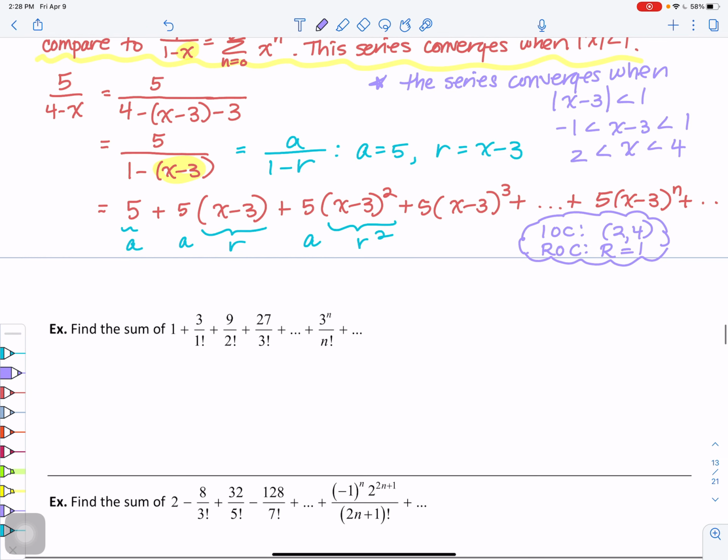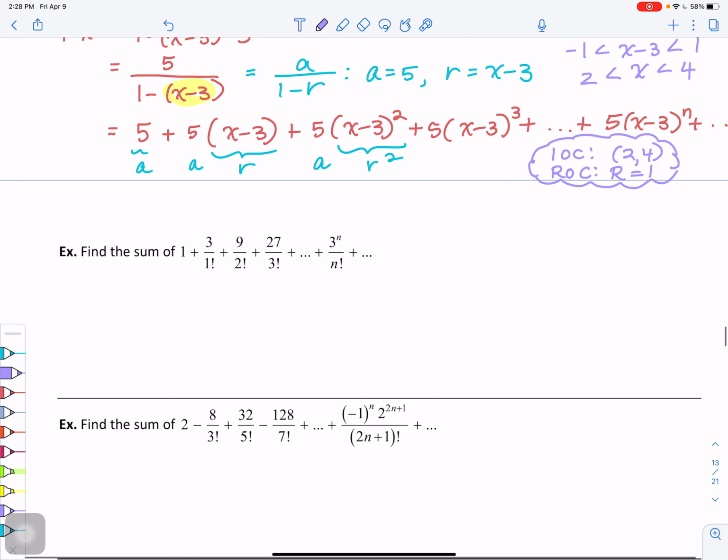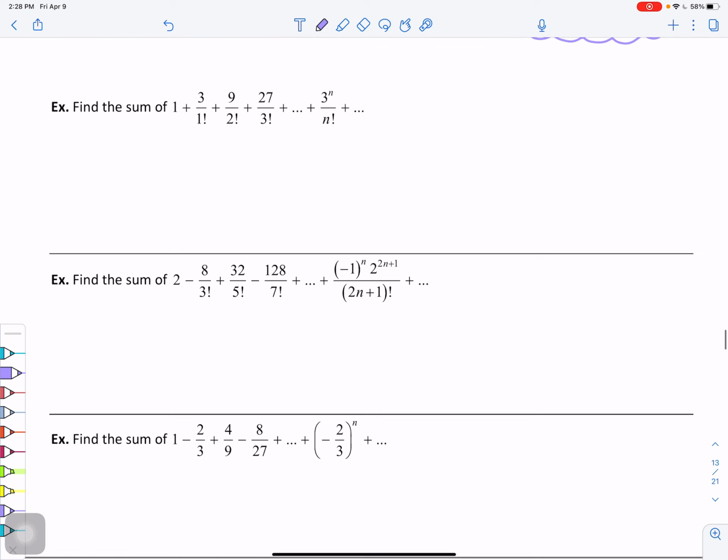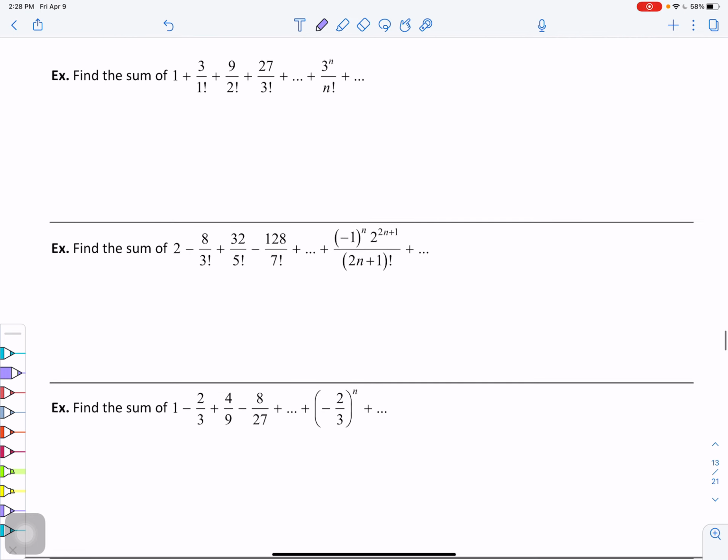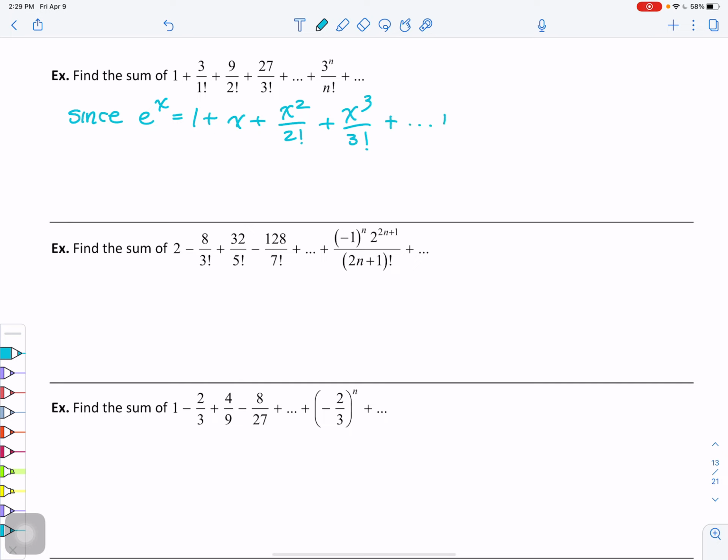Okay. So let's just look at a couple more here, and then we will resume in another video. Given the sum of 1 plus 3 over 1 factorial plus 9 over 2 factorial and so forth, find the sum, okay? Well, this should look a little familiar since e to the x is 1 plus x plus x squared over 2 factorial plus x cubed over 3 factorial and so forth.